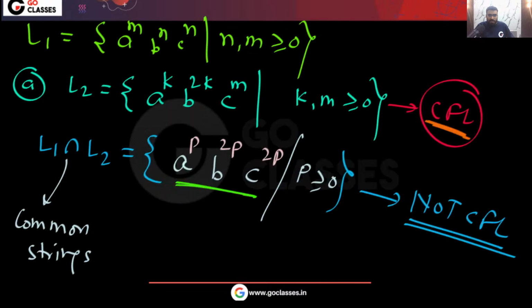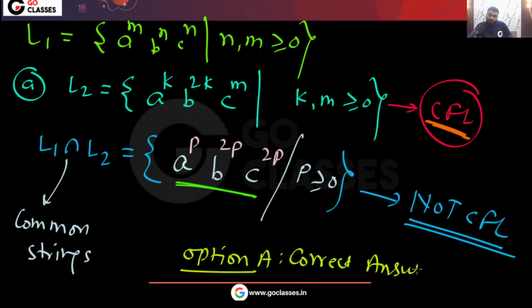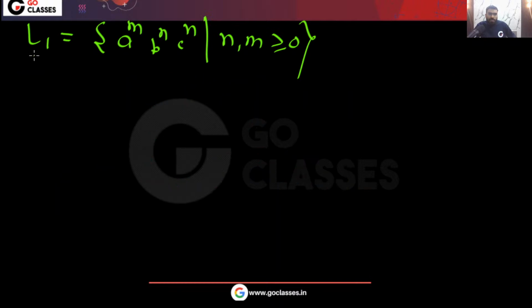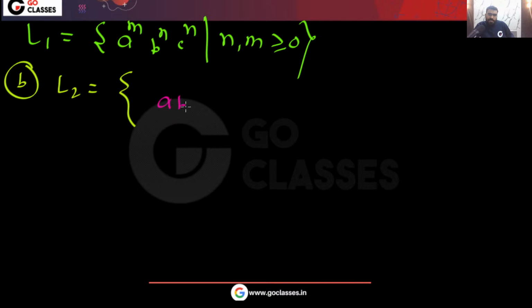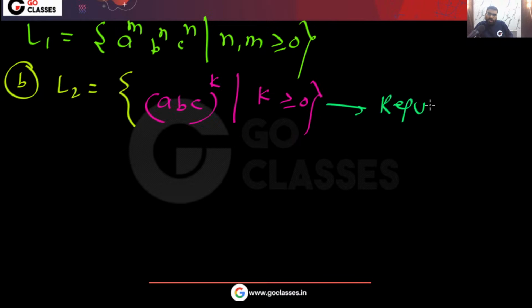What about option B? So remember, here I can say option A is one of the answers. Okay, what about option B? In option B, L2 is given to you, and that is (ABC) power K, where K is greater than equal to 0. This language is actually regular.